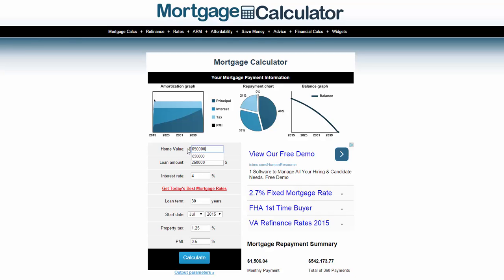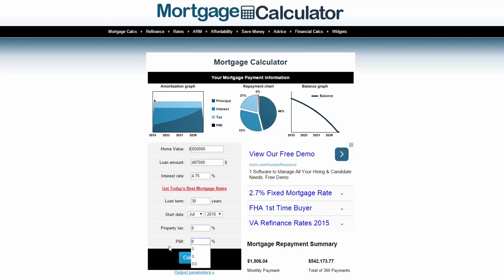Don't take these numbers for anything, it's just to give you a basic idea. So the loan amount would be... now interest rates have jumped with what's going on with Greece and China and whatnot. So just say the interest rate is 4.75, 30-year, because we're just calculating the mortgage.